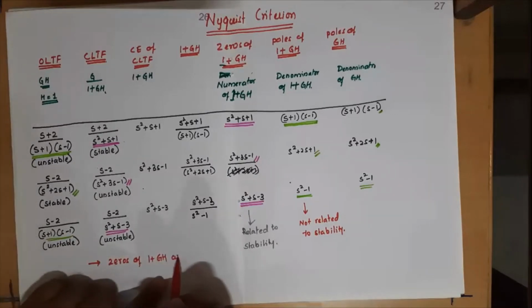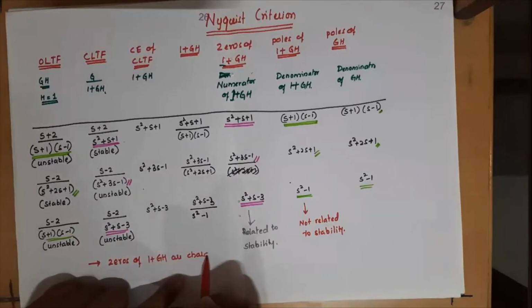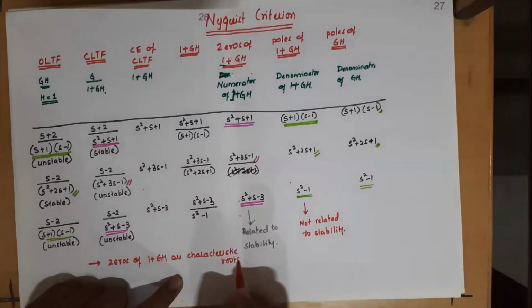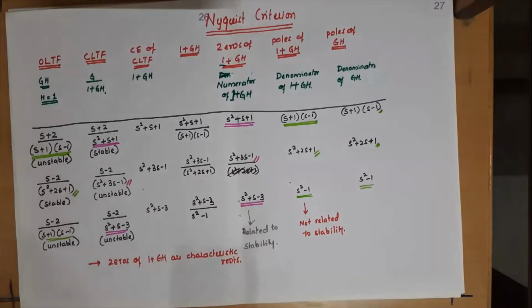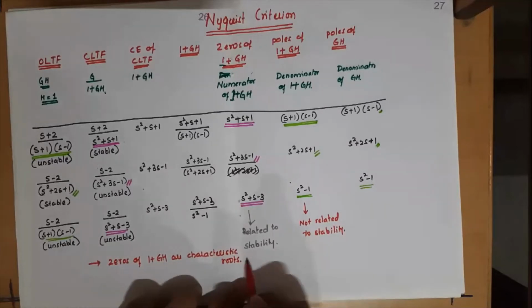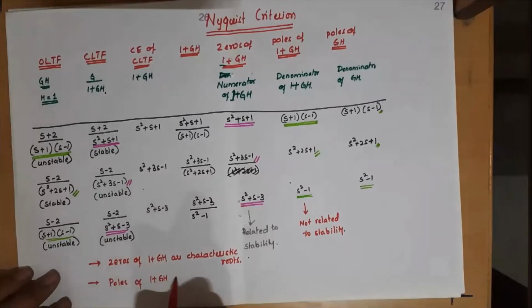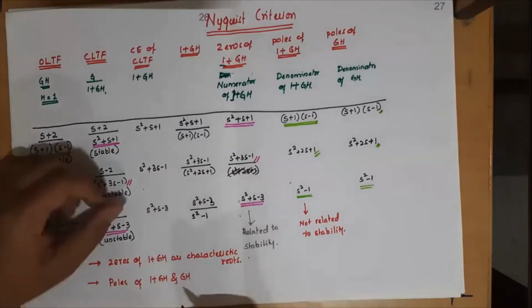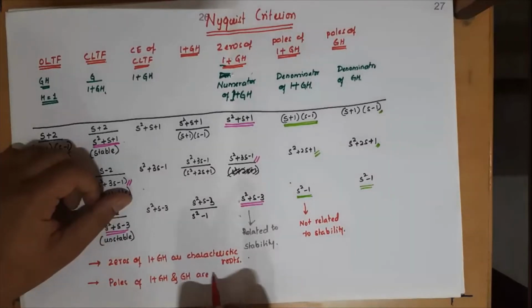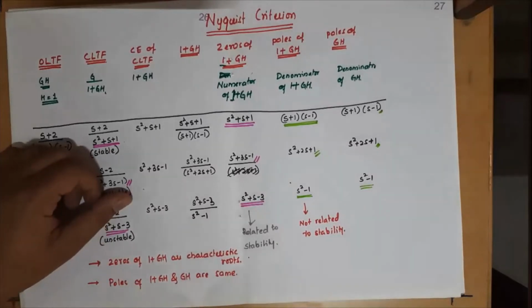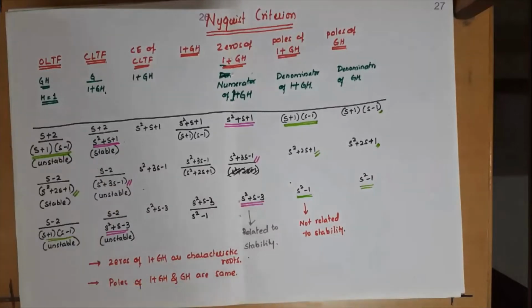Zeros of 1 plus gh are characteristic roots or closed loop poles. And poles of 1 plus gh and gh are the same.